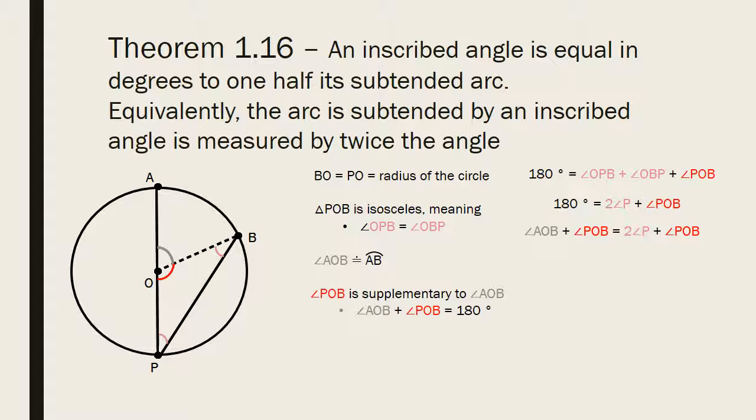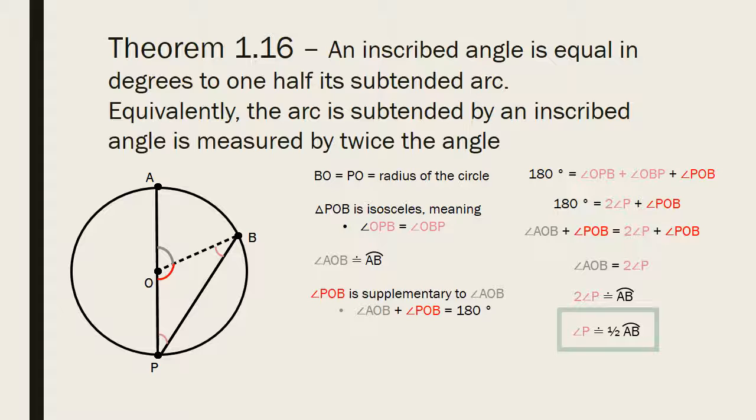So we see we have angle POB on both sides, so we can get rid of that and just break it down to angle AOB is equal to 2 angle P, and since we already said that angle AOB is equal to the arc length, we can say 2 angle P equals in degrees to the arc length of AB, or in other words, angle P is equal to 1/2 AB, the arc length in degrees.